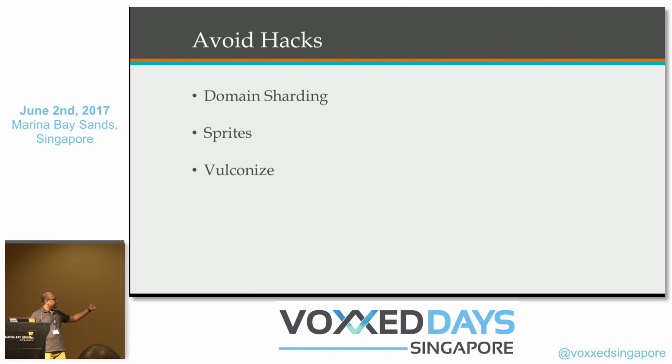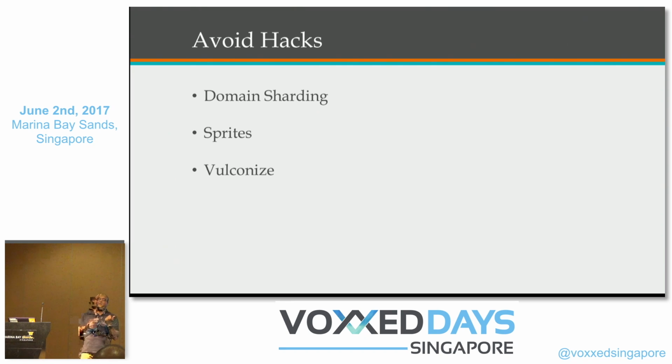Second is sprites, CSS sprites and Vulcanize. Let me talk about these two together. Both of them are combining the resources into a single unit. There are 2 problems with these 2 approaches. One is that this is not cache friendly. If one of the resources is updated, you need to invalidate the whole bigger unit.